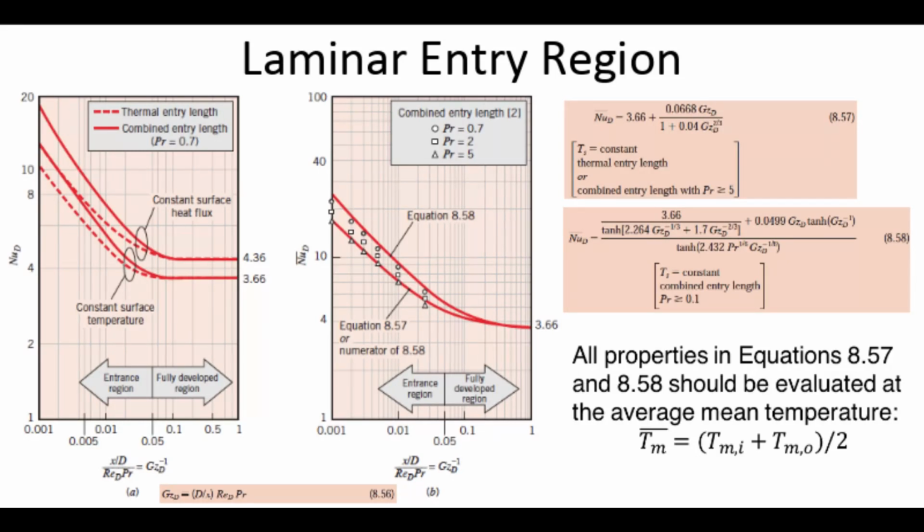Although average and mean sound the same to me, I cannot figure out anything better. Average mean temperature is not like film temperature. In external flows, film temperature is the average between surface temperature and the fluid temperature. But in internal flows, the average mean temperature here is the average value between the inlet mean temperature and the outlet mean temperature. Those are solutions tabulated for the laminar entry region.